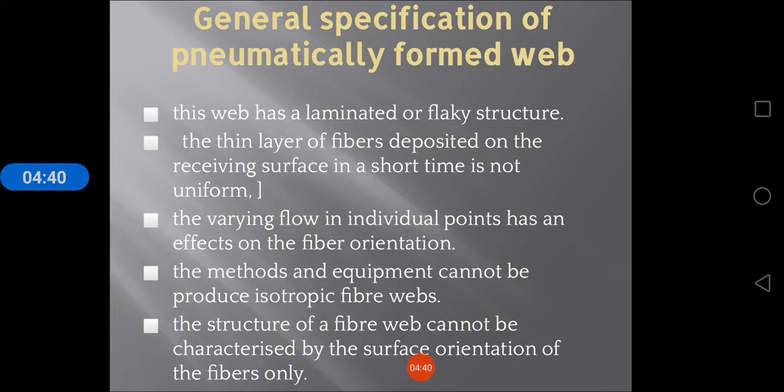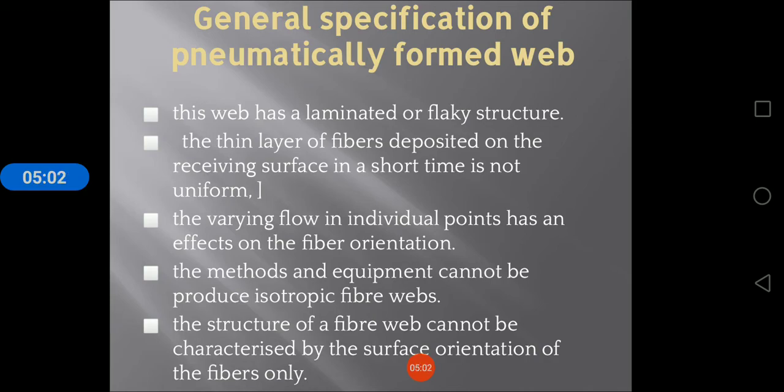This web has a laminated or flaky structure. The thin layer of fibers deposited on the receiving surface in a short time is not uniform. The varying flow at individual points has an effect on the fiber orientation. The methods and equipment cannot produce isotropic fiber webs.